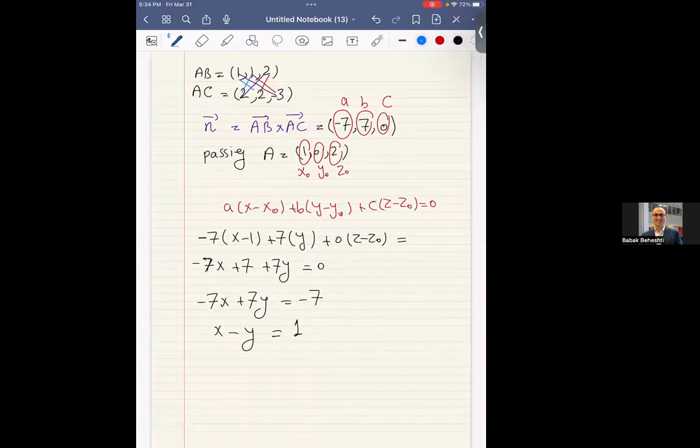Okay? So this is the scalar equation of the plane.